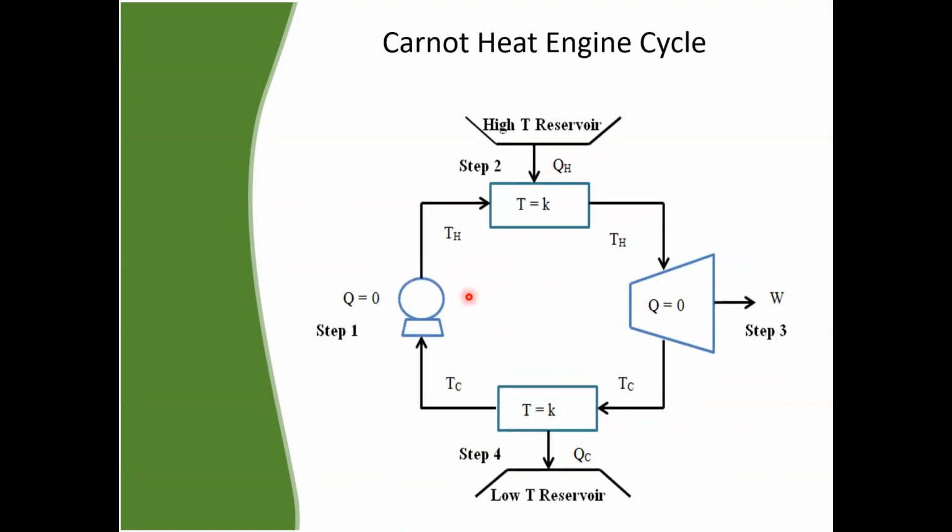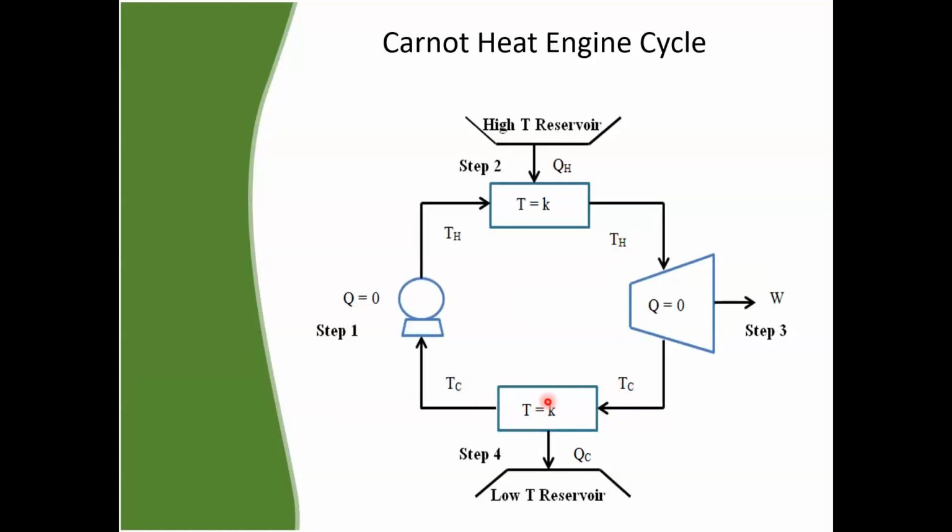So this is a Carnot cycle. We have a high temperature reservoir, and here is our boiler. Heat is absorbed at a constant temperature, TH. Next, it expands in an adiabatic and reversible turbine to do some work, and the temperature goes down from TH to TC.